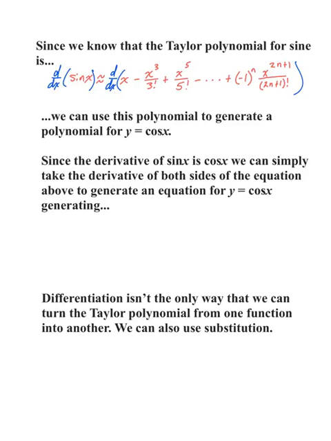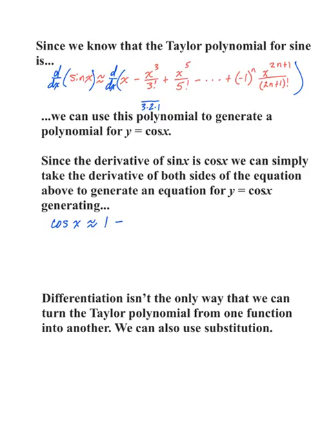And so what that is going to generate on the left side is cosine of x. And then on the right side, you're going to have the derivative of x, which is 1, minus. Now let's think about the derivative of the second term. The denominator is 3 factorial, which is 3 times 2 times 1.